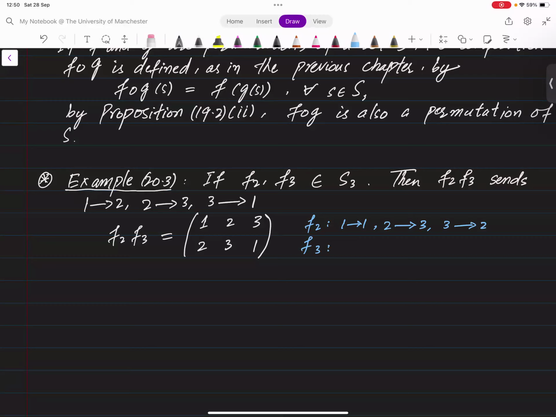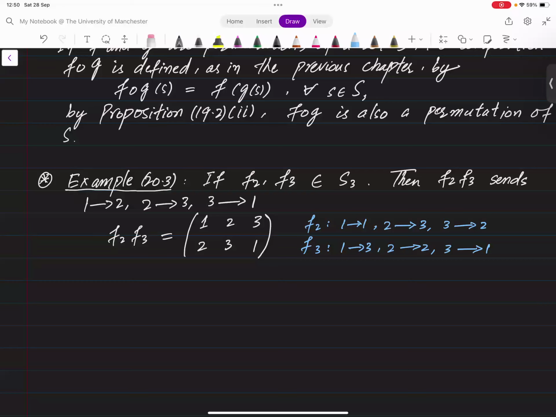F3 was a function which was sending 1 to 3, 2 to 2, and 3 to 1, right?